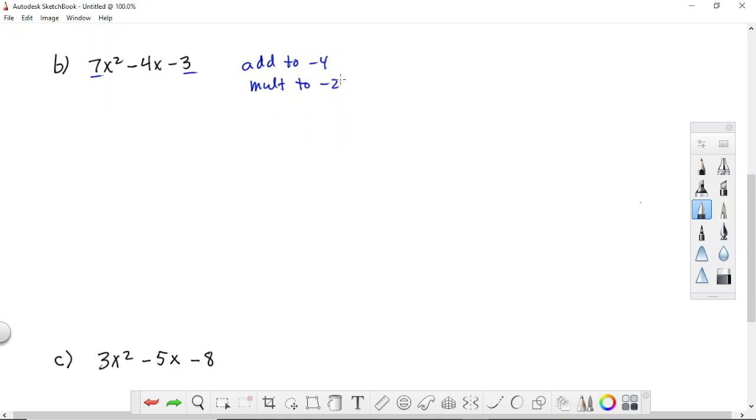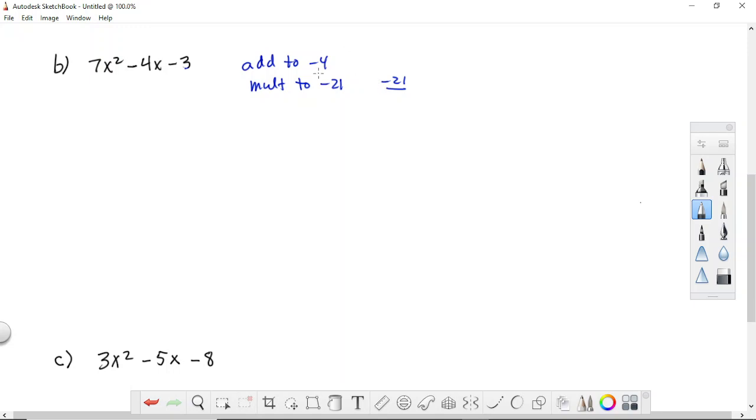So we find these numbers. And we'll kind of work over here to find the numbers. They need to multiply together to make negative 21. And they add together to make negative 4. So this time they're multiplying to make a negative, so it's going to be a positive and a negative.